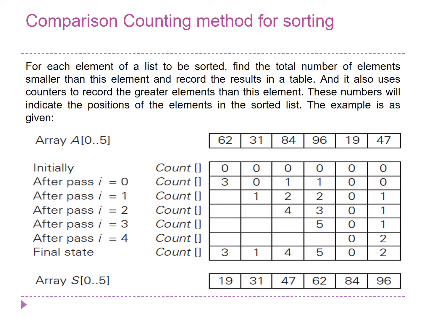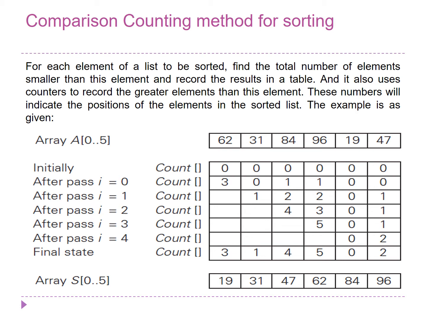The comparison counting method for sorting uses input enhancement to achieve space and time trade-off. In this sorting method, for each element of a list to be sorted, it finds the total number of elements smaller than the current element and records the result in a counter or a table.